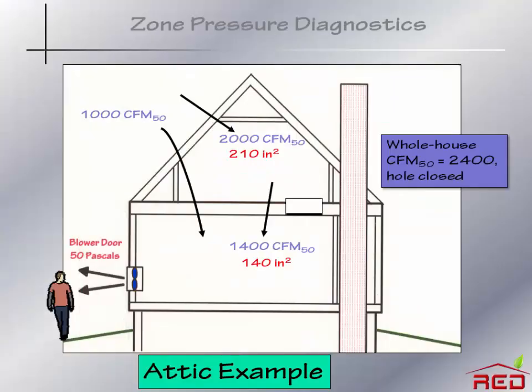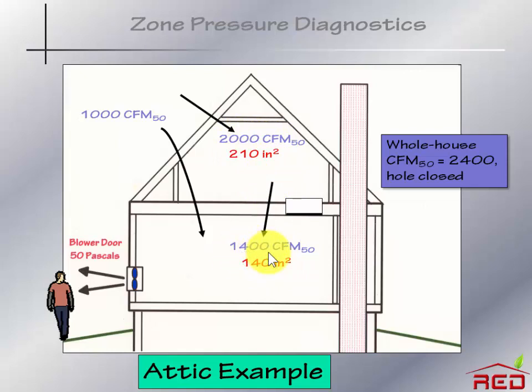Now these are represented on this illustration. You can see the zone to the house or house to zone either way. We have 1,400 CFM 50 flow rate and approximately 140 square inches. For the outdoors to the zone or zone to the outdoors, we have 2,000 CFM 50 flow rate and approximately 210 square inches. Notice that the square inches is pretty close to dividing the flow rate by 10.